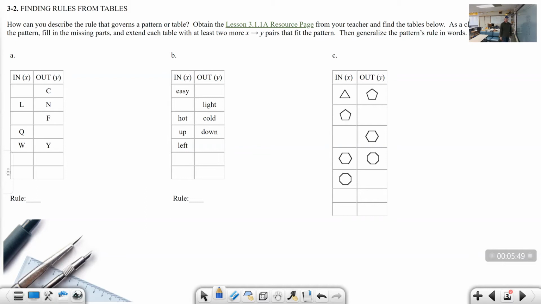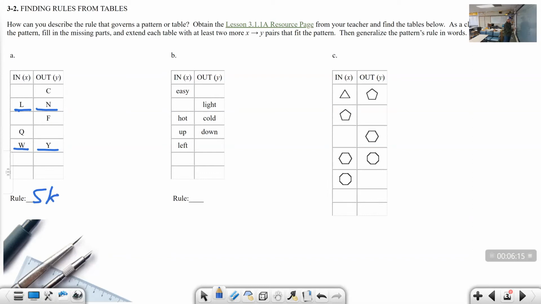Looks like the alphabet. A, B, C, D, E, F, G, H, I, J, K, L, M, N. L, M, N, O, P, Q, R, S, T, U, V, W, X, Y, and Z. What happened in this table? I noticed that they skipped a letter.